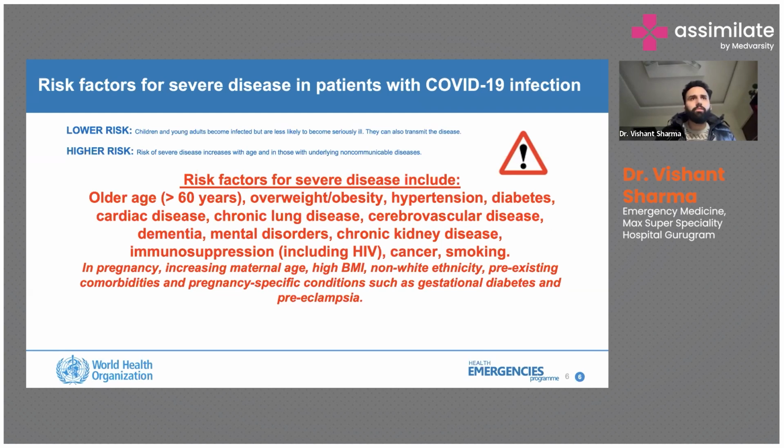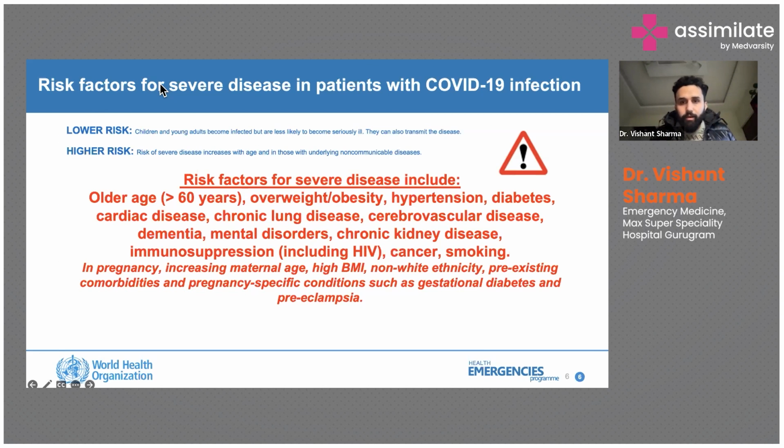Low risk people are those with good immunity. But we have all seen COVID, everyone has suffered COVID, we know or we might not know. Low risk basically means people with good immunity, like children and young adults, who become infected but are less likely to become seriously ill. But always remember they can also transmit the disease.